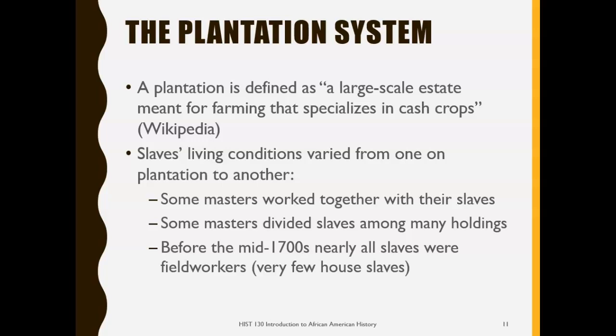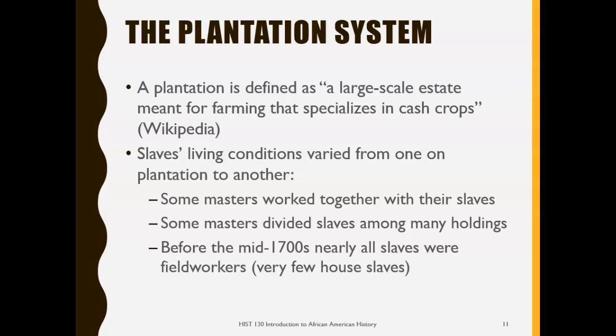So the slaves' living conditions on the plantation varied from one to another. On some plantations, if a master just owned a few slaves, maybe 2 or 3, then these masters had to work together with their slaves. If they had more, maybe up to 10 or 50 or even thousands, the master could divide them among different plantations.